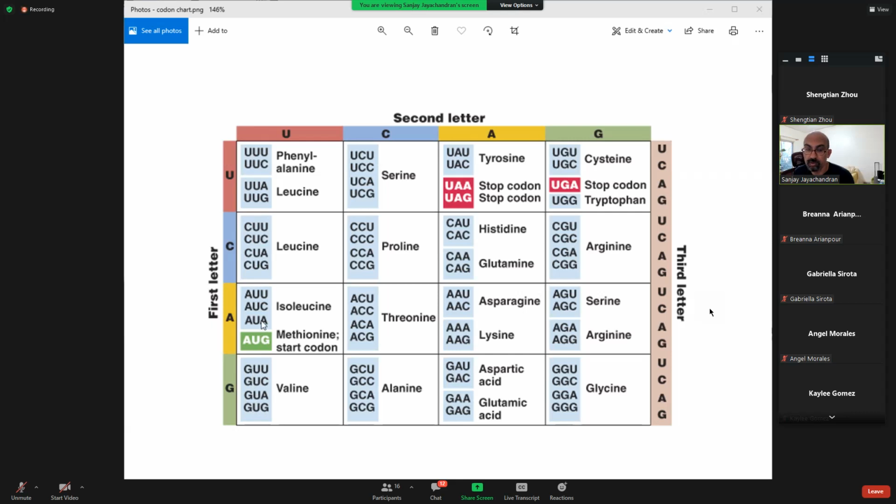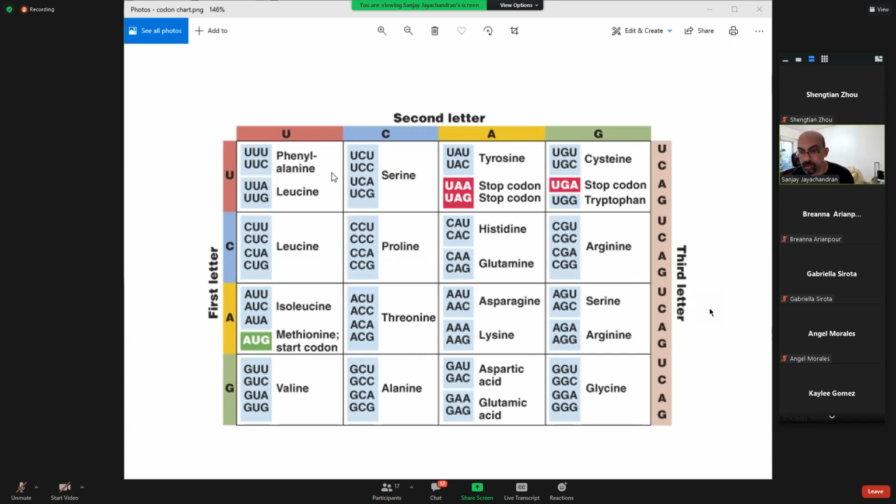Some like leucine have 6 3-letter codes. Some like methionine have just one 3-letter code, AUG. All these 3-letter codes are called codons. And 3 of them, stop codons, don't code for anything, they code for stop signals, which will be clear when we talk about the next step.